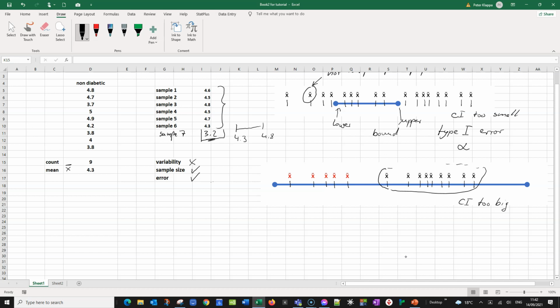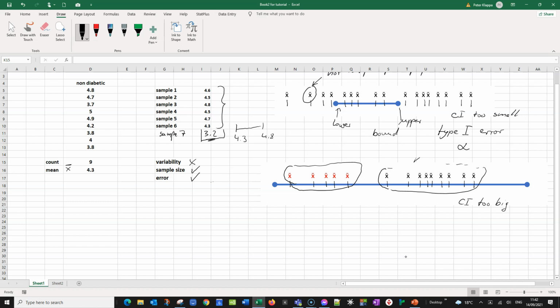So that's my non-diabetic people. And if I make the confidence interval too large, then I might get sort of interlopers. I might get samples from other populations. So here, this is a different population.